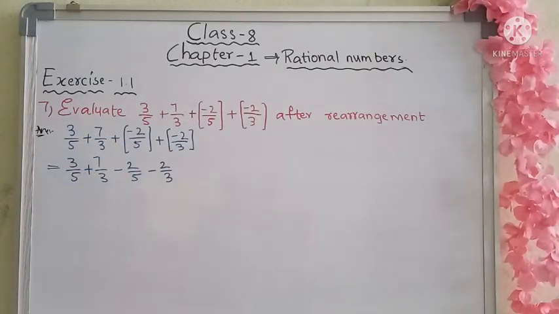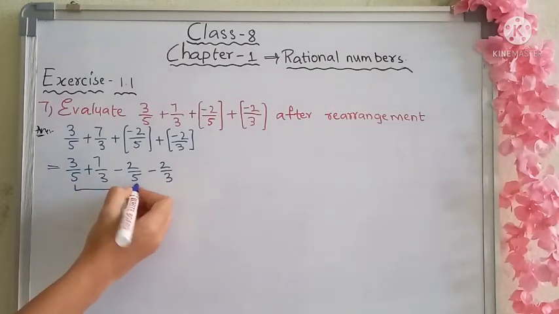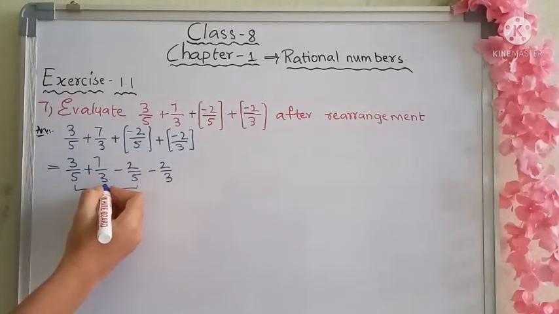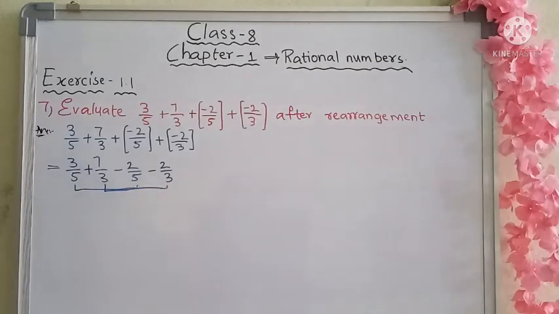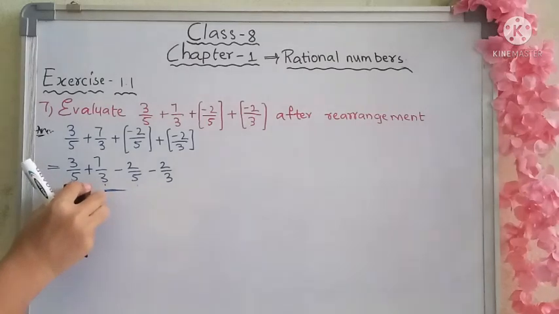So after this, here we have to bring both denominators 5 to one place and both denominators 3 to one place. Okay? So now let's bring them together.